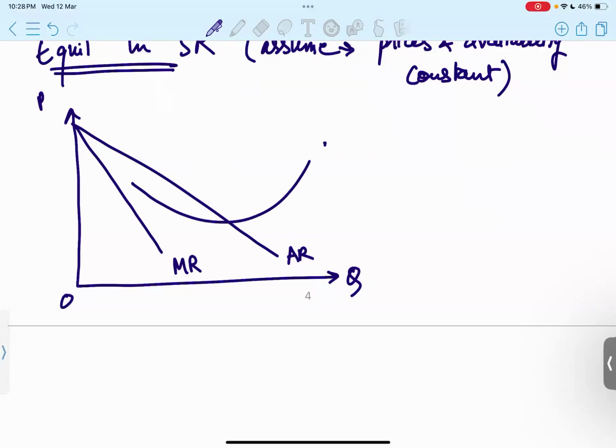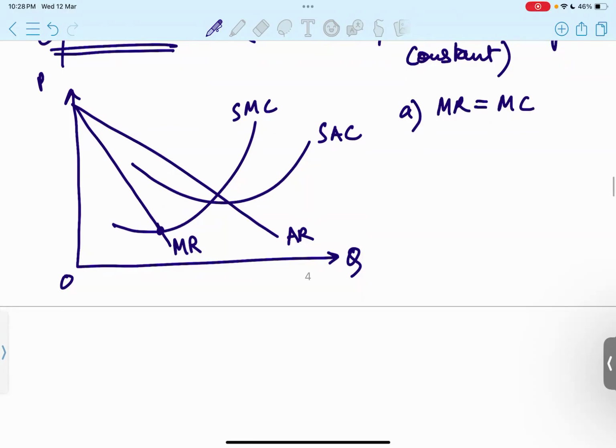Then we have the short run average cost curve and the short run marginal cost curve. The first condition is MR equals MC, which means marginal revenue should equal marginal cost. So this point E is the equilibrium point. We extend the line to get the equilibrium price at E.